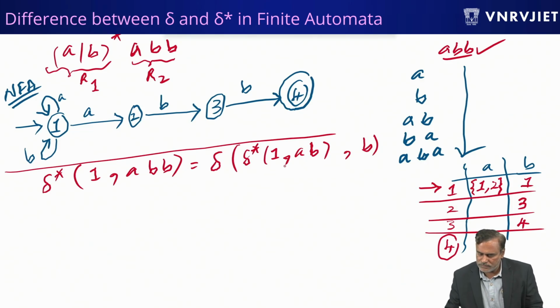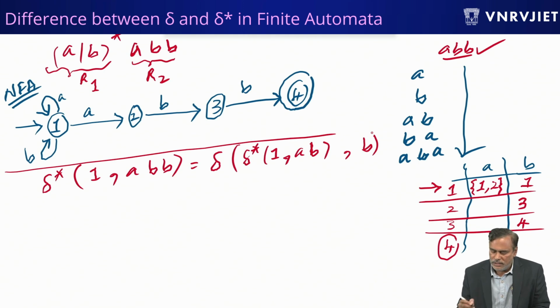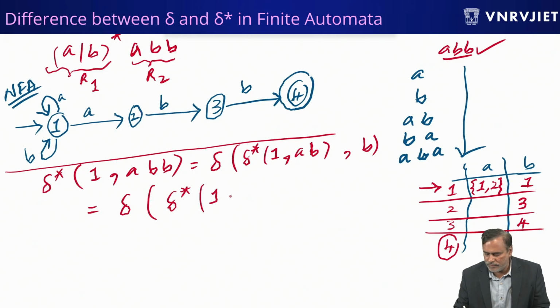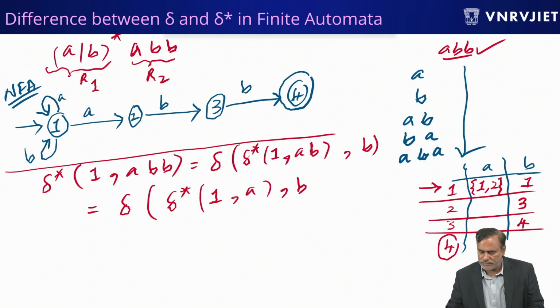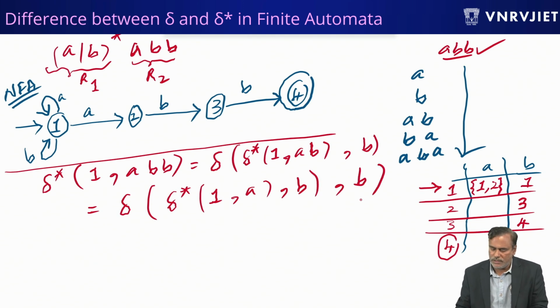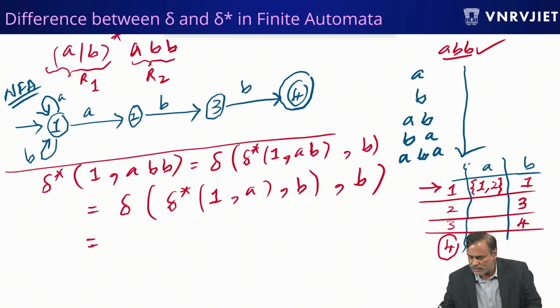I can rewrite this as delta of delta star of 1 a, b, and then b. Now you have a single input symbol, and for a single input symbol there is no difference: delta star of qa is equal to delta of qa.